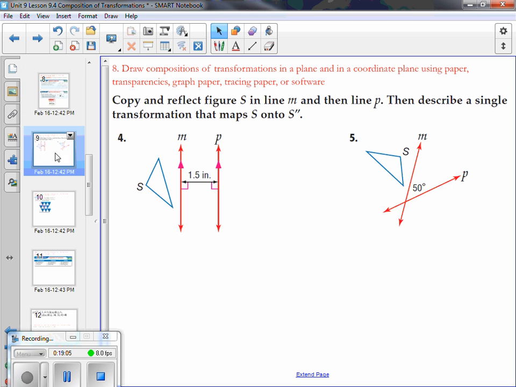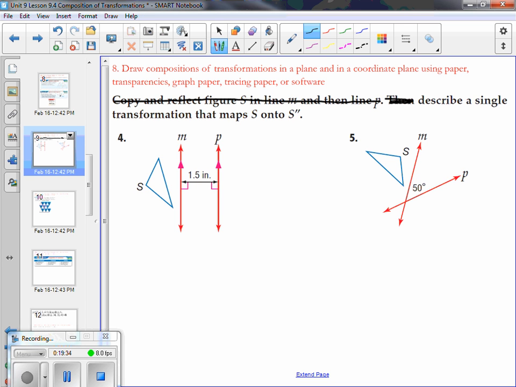All right. So let's take a look at number 4 here on page 645. It says copy and reflect figure S in line M and then line P. And I'm going to mark off the word then and say, describe a single transformation that maps S onto S double prime.